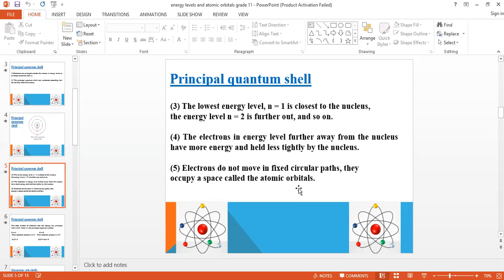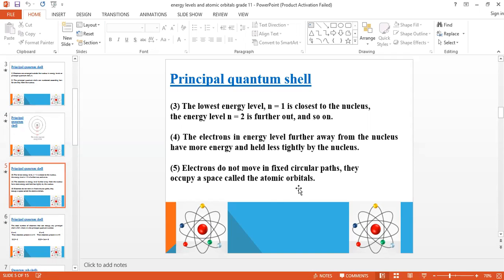Electron in the first shell, the first energy level, is near the nucleus, so it is tightly held. Like two magnets: if closer to each other, there is more attraction, but if a little away from each other, there is less attraction. The forces are weak because they cannot hold it for a long time. It will break down. So that's why it is written there: the electrons in energy levels further away from the nucleus have more energy and are held less tightly by the nucleus.